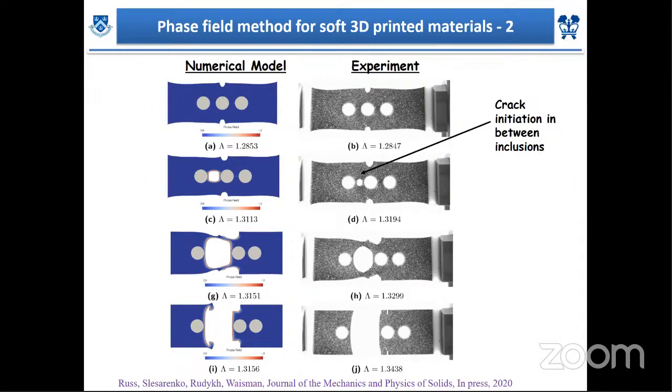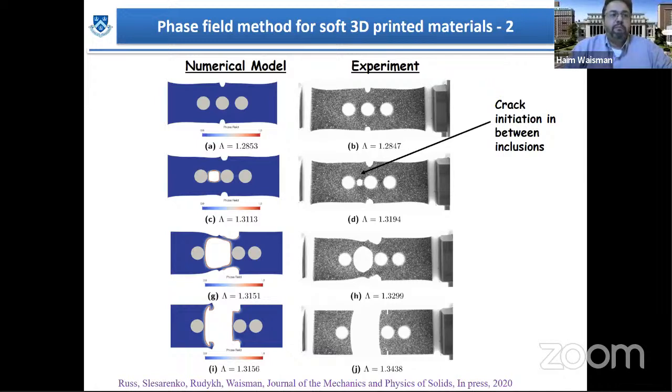The other question is that in all these methods, fragmentation problems, where there's a lot of crack interactions and distributed cracking, are still a computational challenge. But some people have worked on this, and they have shown that if you use the phase field method, there's no issue.